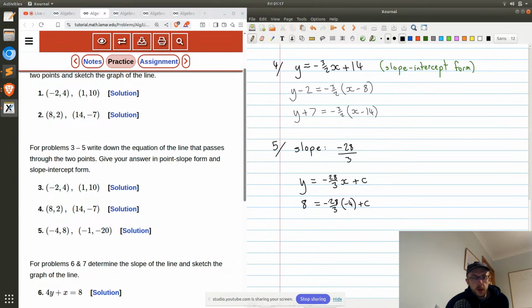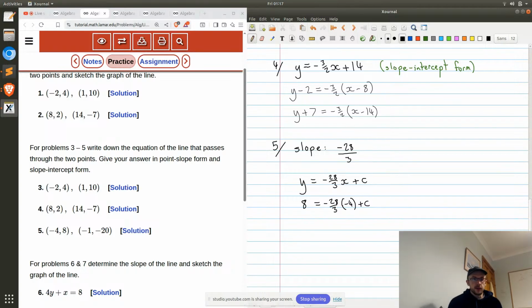So -28 times -4, that would be 112 over 3. And then 8 minus 112 over 3. Well, 112 over 3 is 37 and a third.